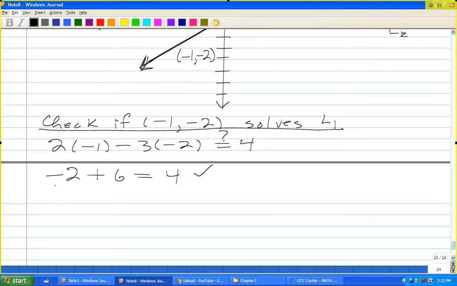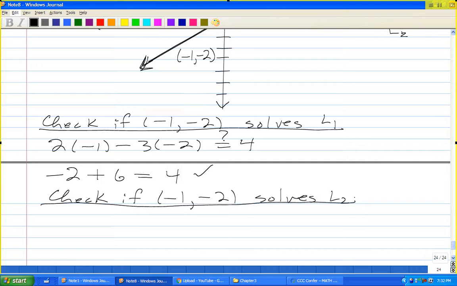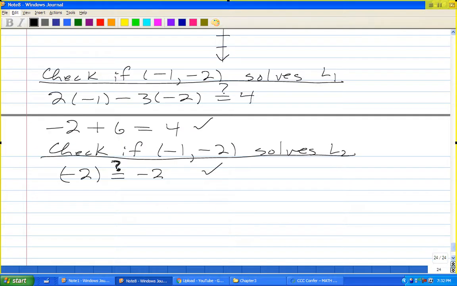Let's check if (-1, -2) solves the second equation, L2. Is y equal to negative 2? Yes. Okay, good. And so (-1, -2) solves the system.